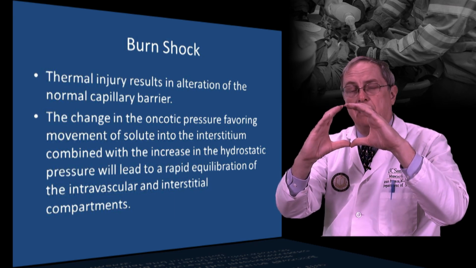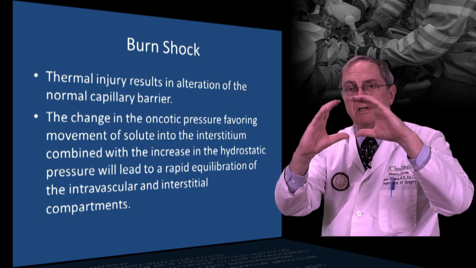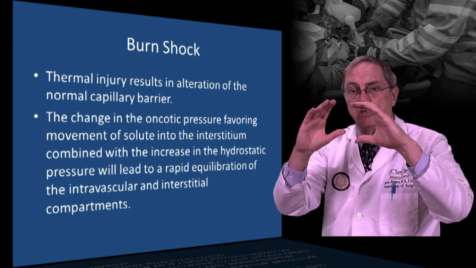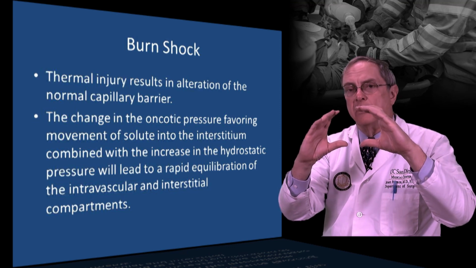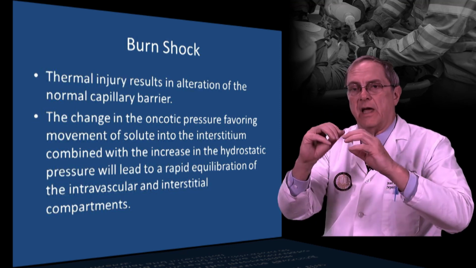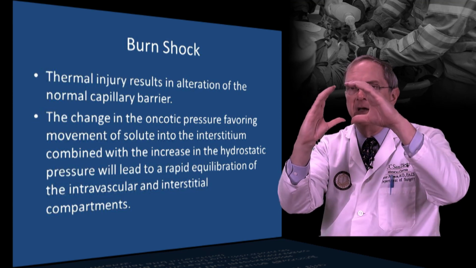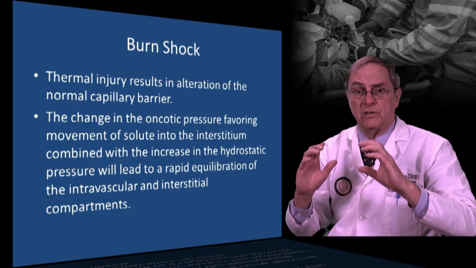If the tumor necrosis factor and other cytokines begin to act on that, the normal gap junctions that you see here, letting small amounts of fluid egress into the interstitium, actually widen. Why do they widen? Because tumor necrosis factor and these other cytokines actually cause each one of these cells to shrink and contract. So as each side shrinks and contracts, the gap junction increases in size.